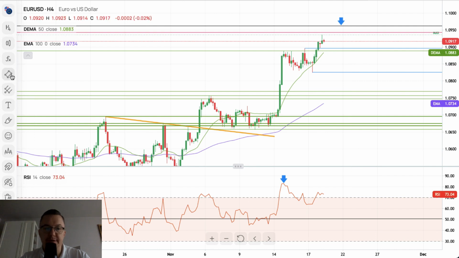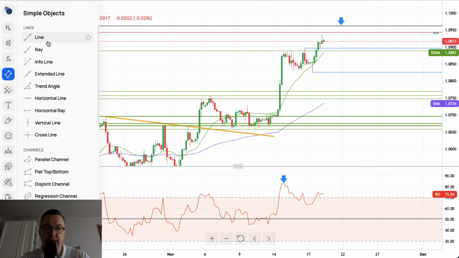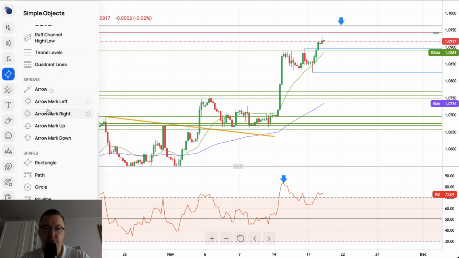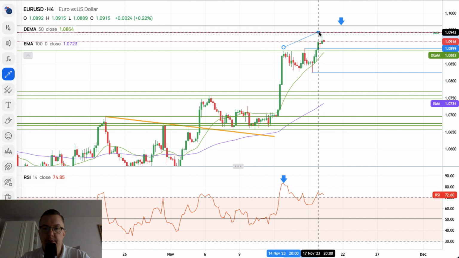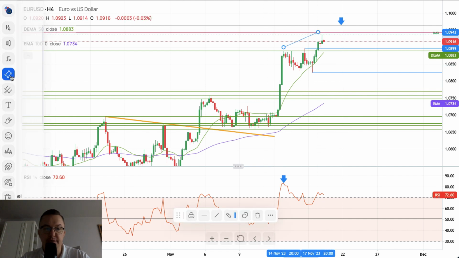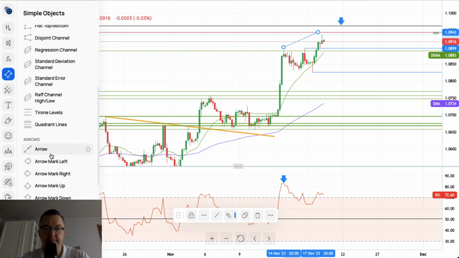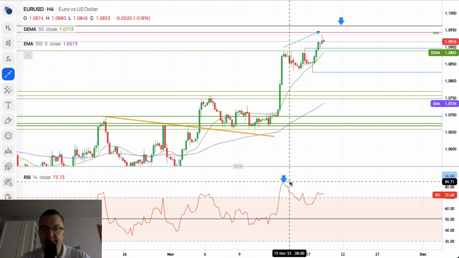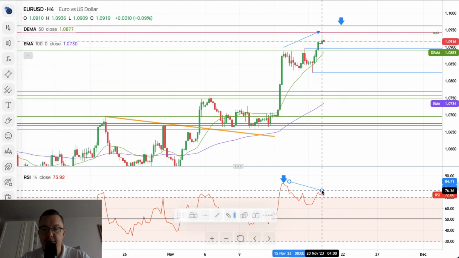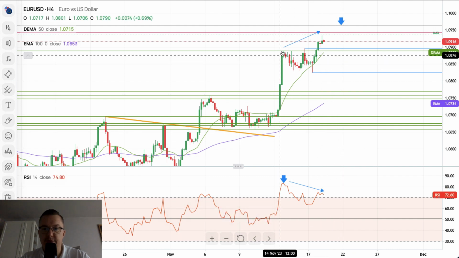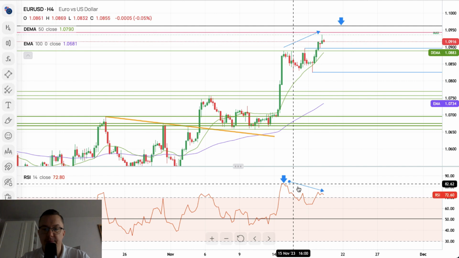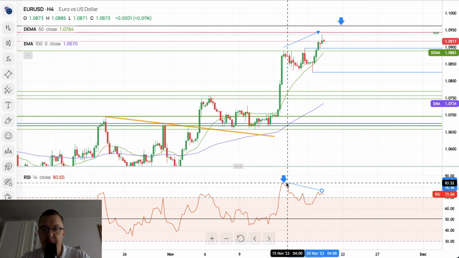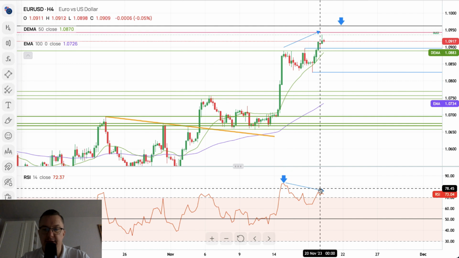You possibly notice that we are moving higher. Nevertheless, if we could point out something, it is of course the building bearish divergence between the price and the RSI oscillator. So the market is making higher highs, while the momentum oscillator is not making higher highs.